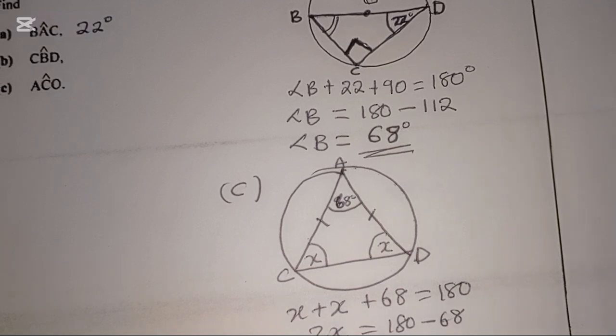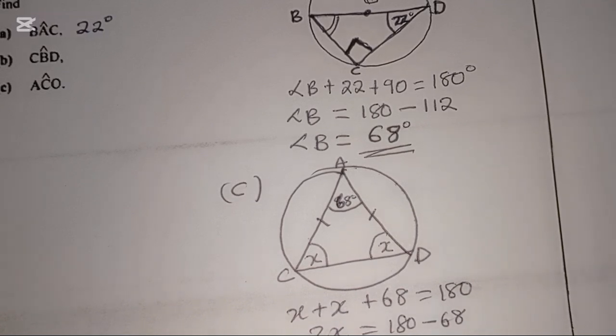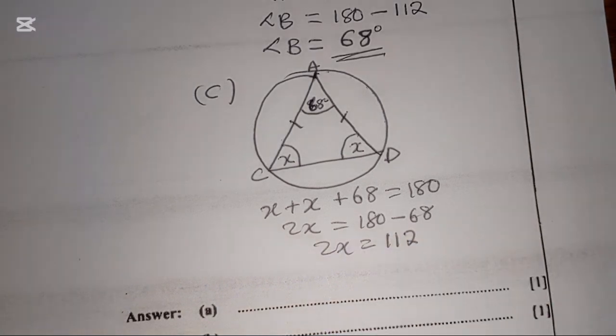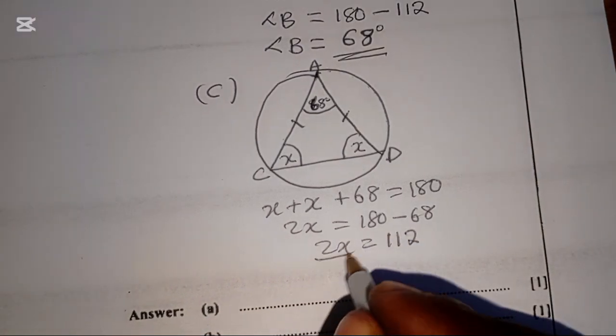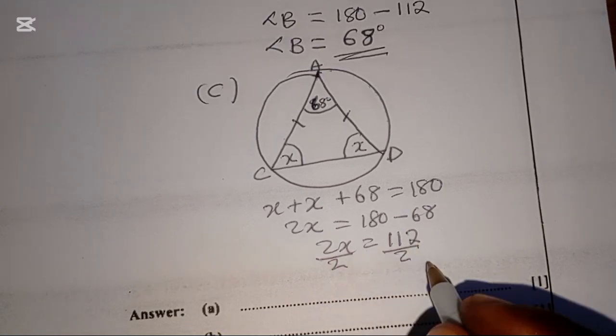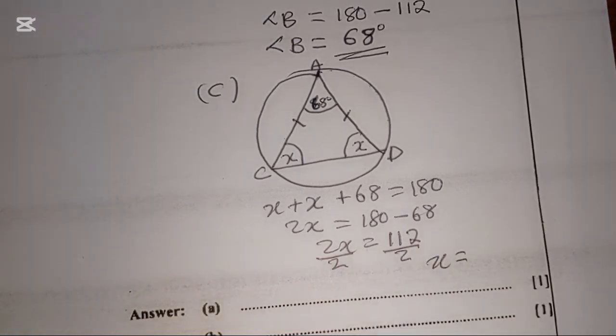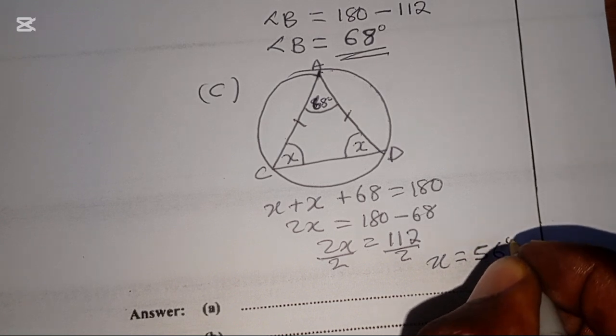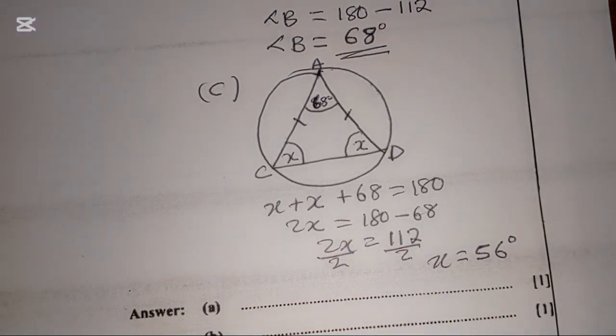We are going to have 112. So over 2, over 2. So x is equal to 112 over 2. So we are going to have 56 degrees. Okay, so x is 56 degrees.